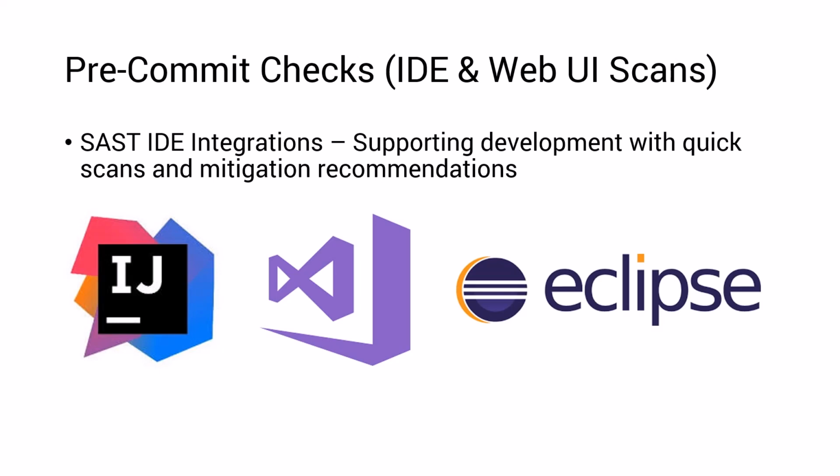By following mitigation recommendations provided by Thunderscan, they can fix the vulnerability and get quick feedback on the effectiveness of the fix by rescanning the application. Thunderscan currently supports IntelliJ, Visual Studio, and Eclipse development environments. For the next demonstration, we will use Visual Studio IDE.